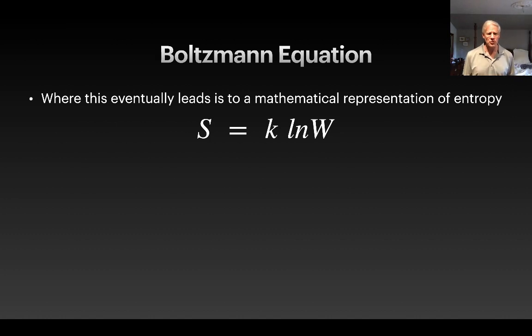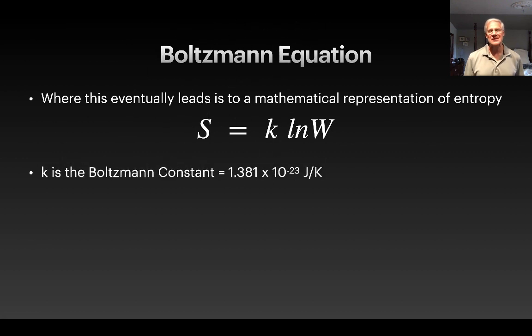And so he eventually got to a very elegant mathematical representation of entropy, which we know as S, and this is just equal to k natural log of W. Now, it's a fairly simple equation as far as the number of variables it has, but it's actually fairly complex. It's not an equation that we really use at this level of chemistry. So we know that S is entropy. k is a constant known as Boltzmann's constant.